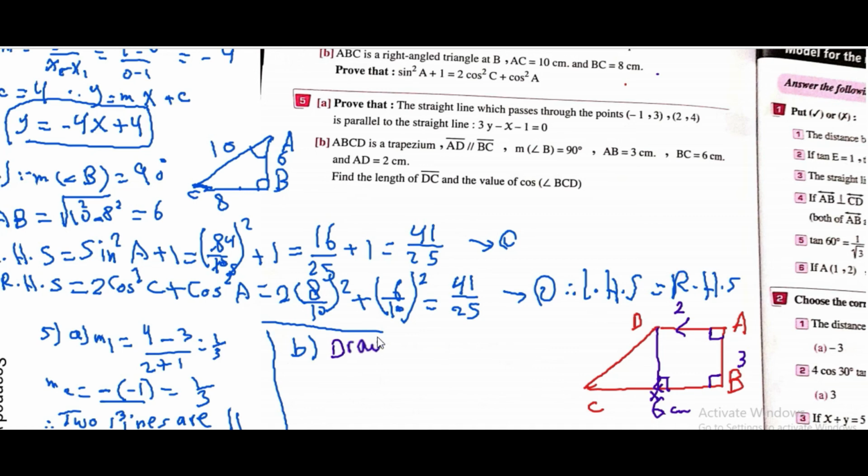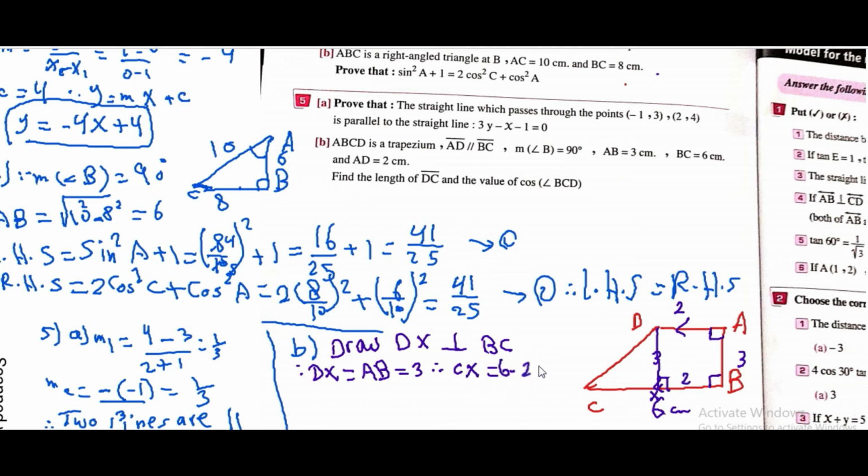Therefore, figure ABXD is a rectangle. Therefore, DX equals AB equals 3 centimeters. Therefore, BX equals AD, 2 centimeters. Therefore, CX is 6 minus 2, equals 4 centimeters. This side is 4.